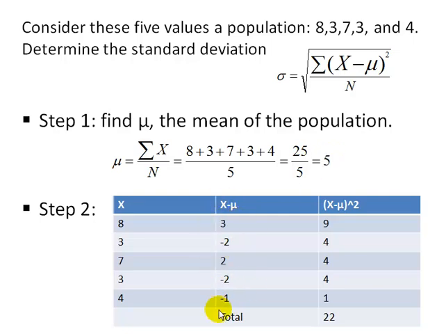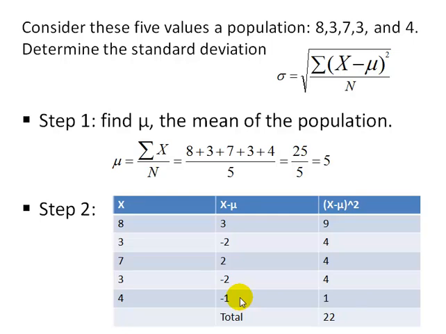So now we have all the x minus mu. Next step, let's square it. 3 times 3 is 9. Negative 2 times negative 2 is positive 4. 2 times 2 is 4. Negative 2 times negative 2 is 4.